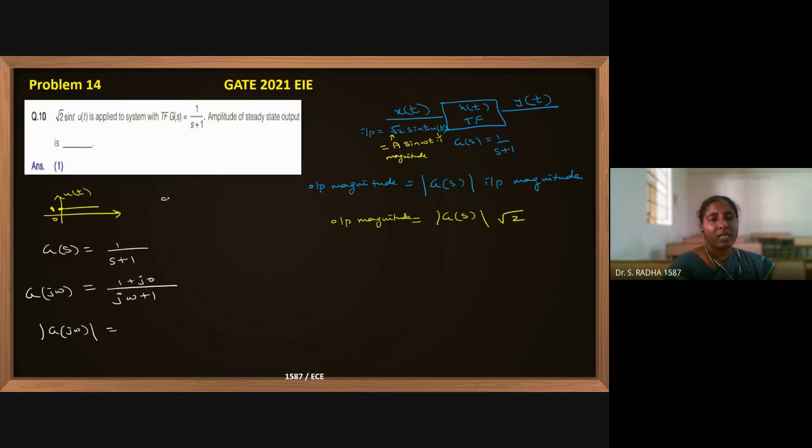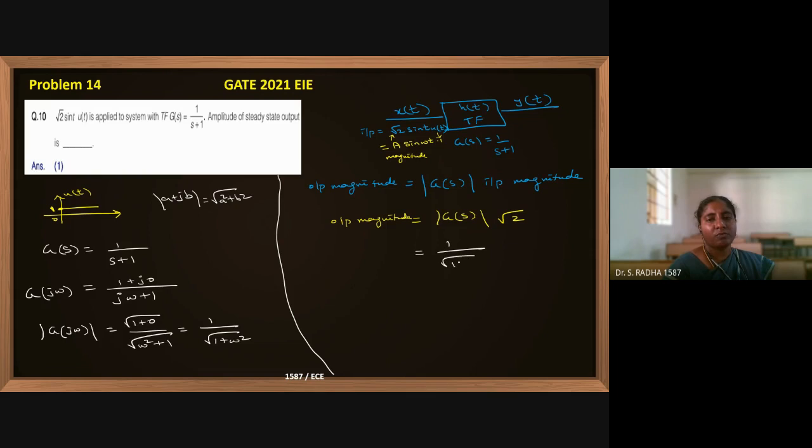Whenever a plus jb is there, the magnitude is square root of a square plus b square. So for the numerator it is square root of 1 square plus 0 square, and for the denominator square root of omega square plus 1 square. So the magnitude is 1 by square root of 1 plus omega square, into root 2.